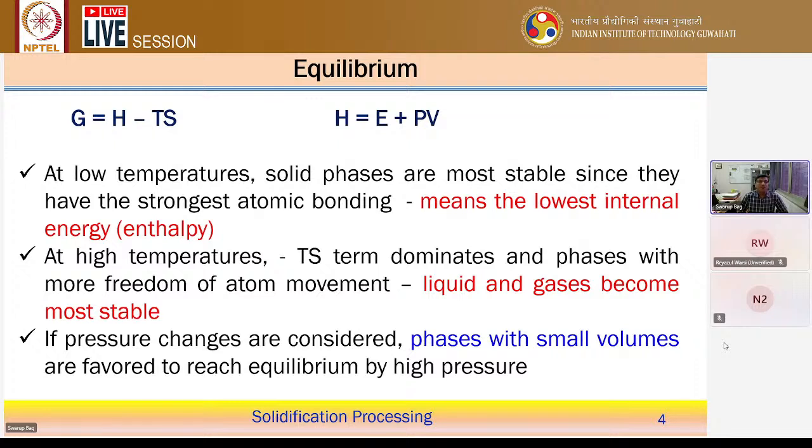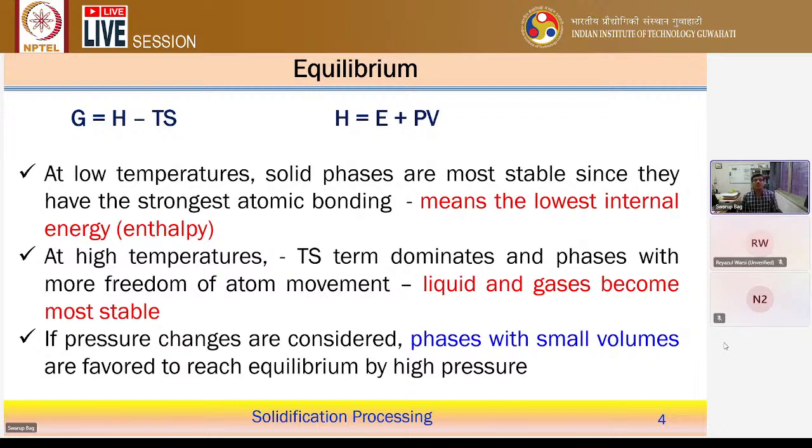Now, independent of these two parameters, enthalpy and entropy, in all these cases we are keeping constant temperature and pressure. But if pressure changes are considered, if there is a change of the pressure of a system, then phases having small volumes are favored to reach equilibrium by the application of high pressure.